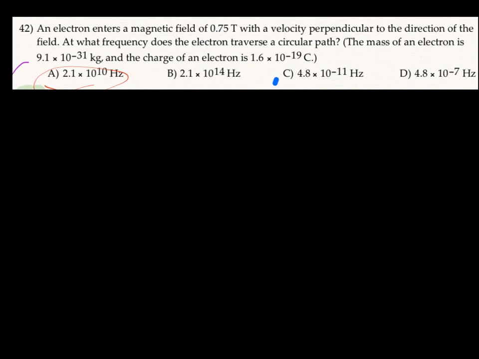Okay, we do know that the force on it is QVB, which is the same thing as our mv squared over r, our centripetal force. Remember, our magnetic force, FB, the force due to a magnetic field, is going to be equal to our centripetal force.